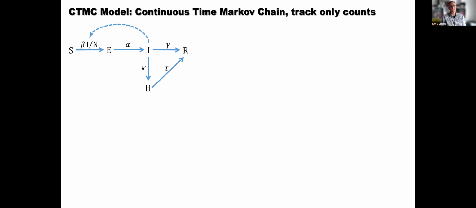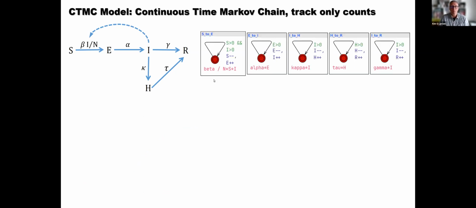Another way of modeling it is to use continuous time Markov chains. So what goes into this continuous time Markov chain? Well, the state of that is actually the count in terms of integers, how many individuals are susceptible, how many individuals are exposed, as integer numbers. So the states of this continuous time Markov chain are actually 5-tuples of integers.